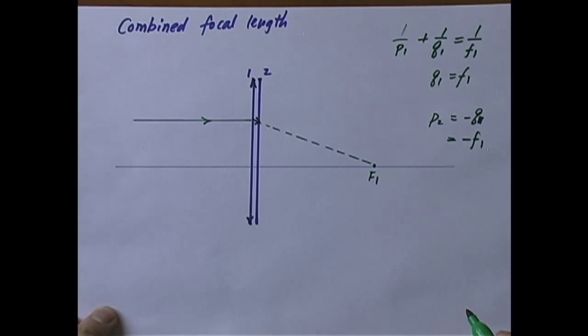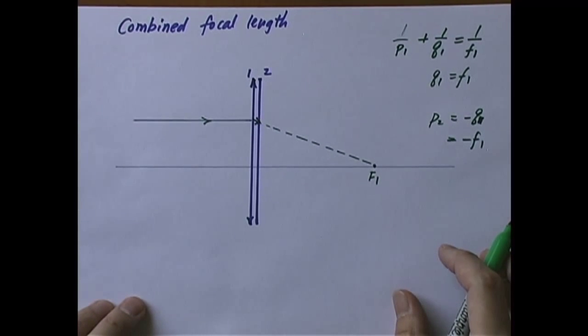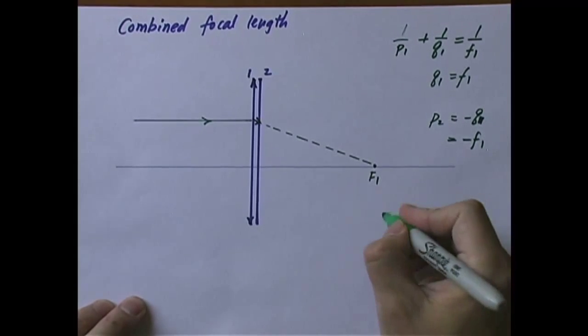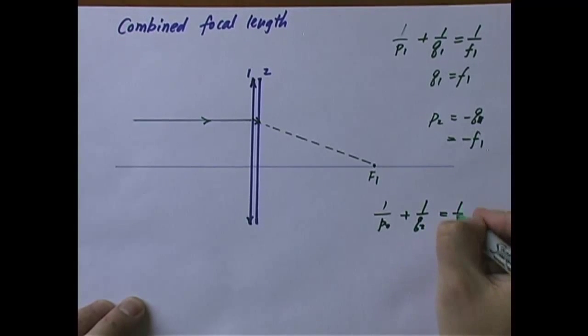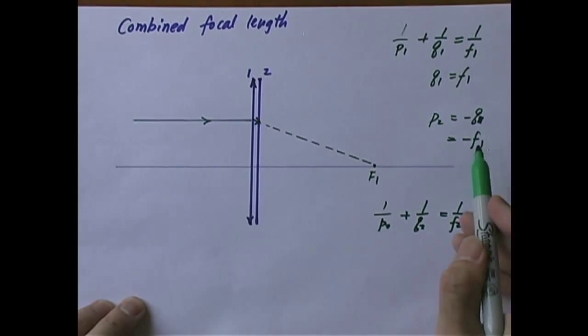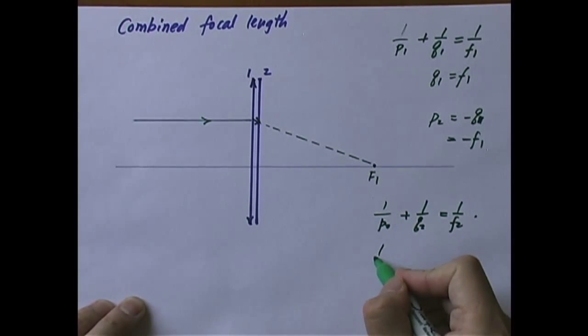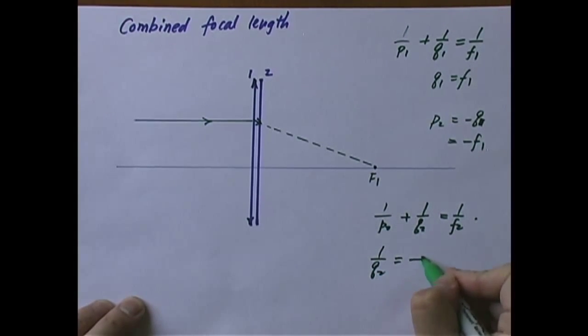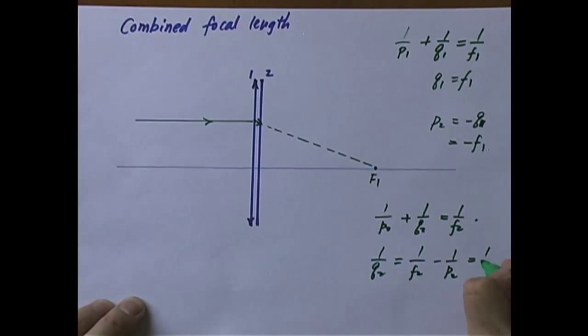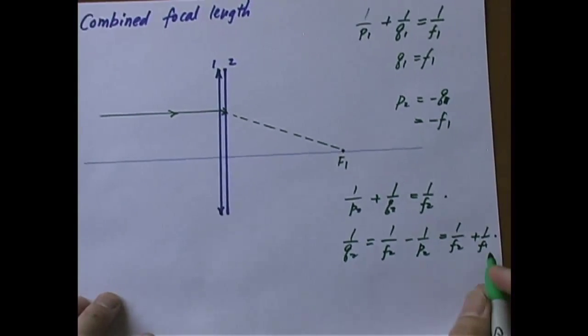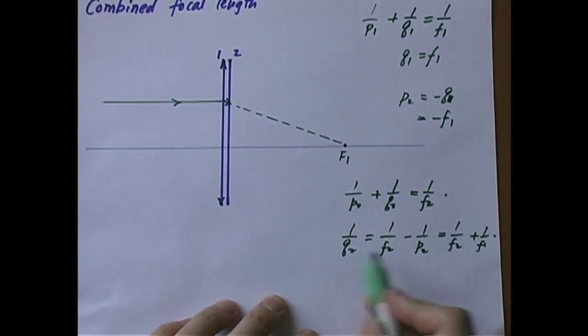Now let's apply the equation for the second lens in order to find its image, which is the final image. So I have 1 over P2 plus 1 over Q2 equals 1 over F2. What's P2? P2 is negative F1. I'm looking for Q2. So 1 over Q2 equals 1 over F2 minus 1 over P2, but P2 is negative F1, so this really is just 1 over F2 plus 1 over F1, and therefore Q2, I can find that out.